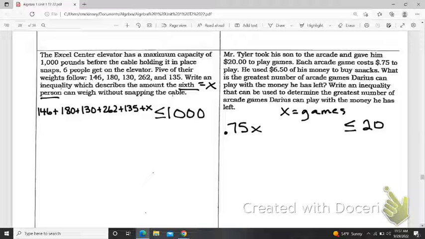But he's already spent $6.50 of his money. So the money spent on games plus the money spent on snacks has to stay under or equal to the $20. Those are like his cost, and the 20 is like his revenue.